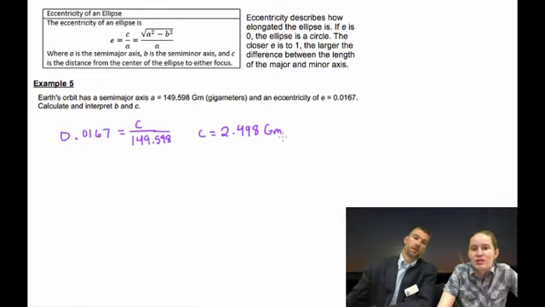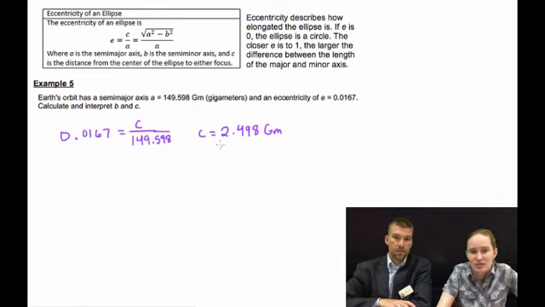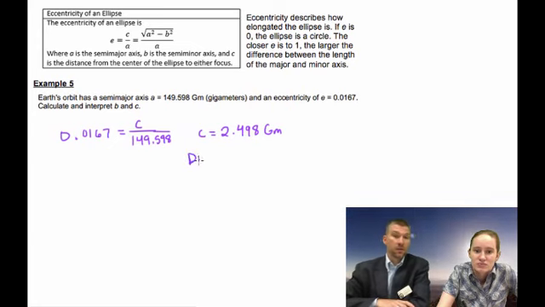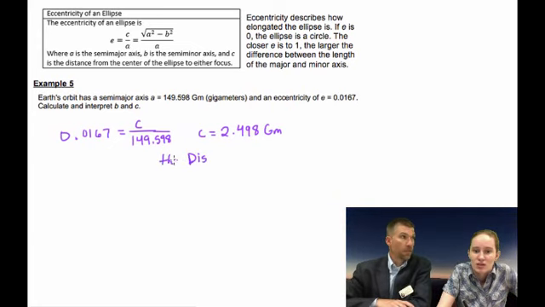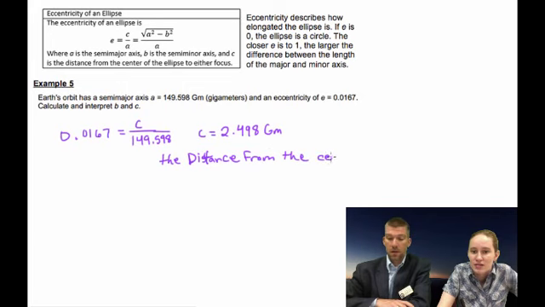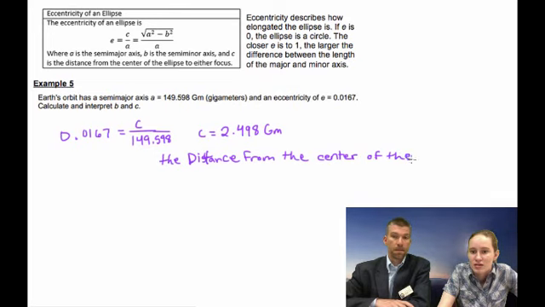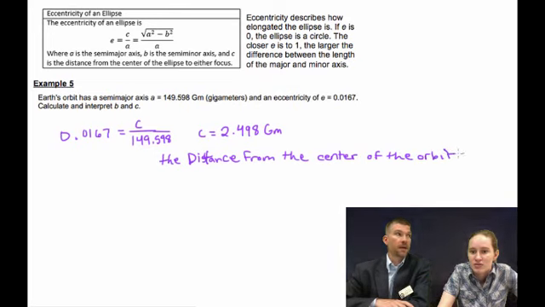Now let's interpret what C is. What is C normally? C is the distance from the center to the focal point. So the center of the orbit, to each foci.